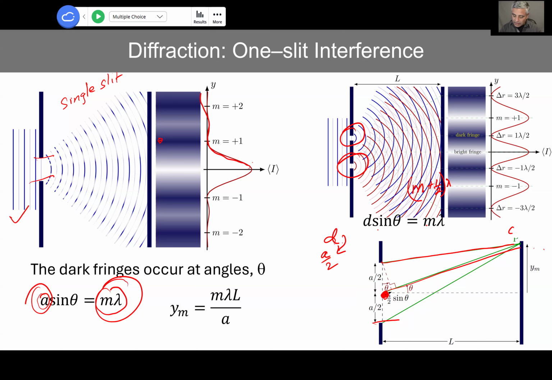So this d sine theta, for the dark fringe, we said, it has to be m plus half and then lambda, right? And if it is for the very first dark fringe, for example, m is equal to 1, then this is going to be just half lambda. You see that? So m is equal to 1, it's going to be just half lambda, and d is a over 2. So in this equation, what we are getting is d over 2, or a over 2, sine theta is lambda over 2, and this is for the first dark fringe.